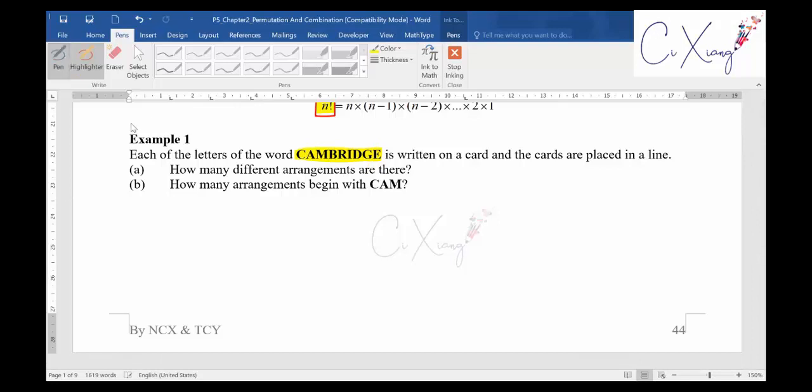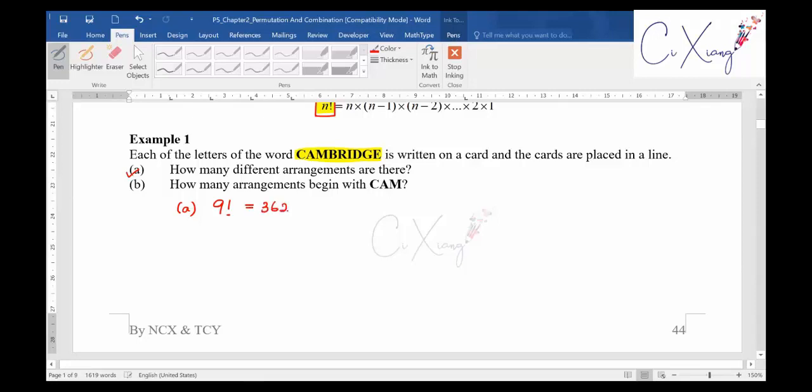First they are asking you how many arrangements there are. For part A, you can straight away tell them the number of arrangements. You are having 9 letters, therefore the number of arrangements will be 9 factorial. So what is the answer that you get? 362880 if you press the calculator.